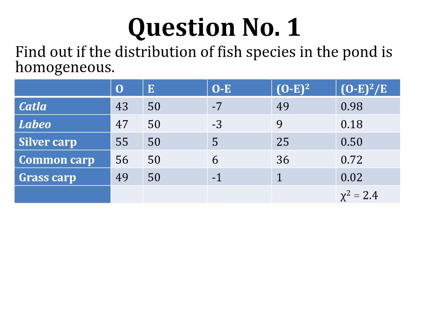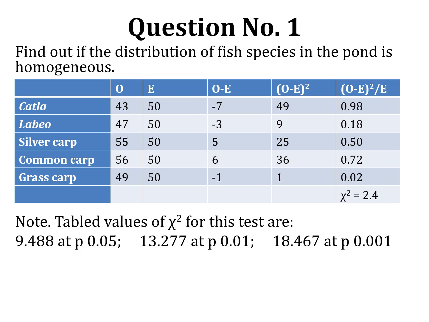For silver carp, it is 0.5. For common carp, it is 0.72. And for grass carp, it is 0.02. Now we take the sum of these values, and this is our chi-square, which is 2.4. So this is the value of our chi-square.